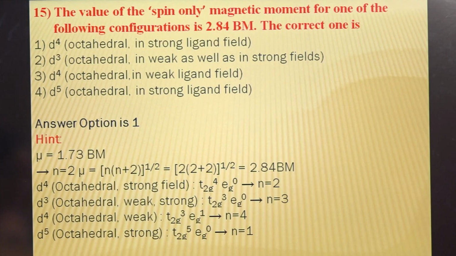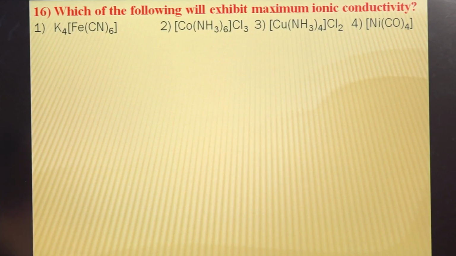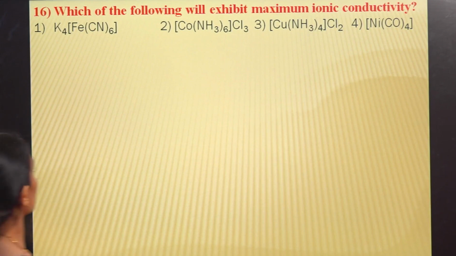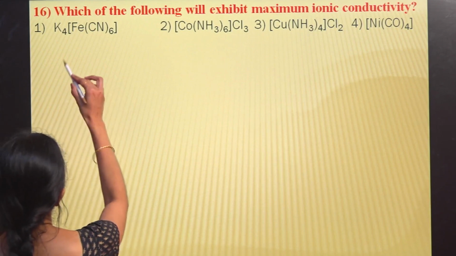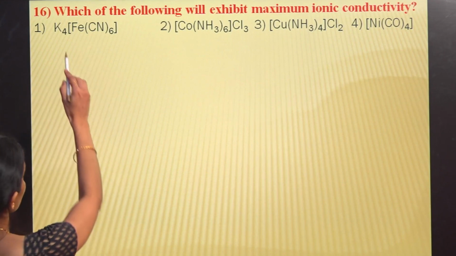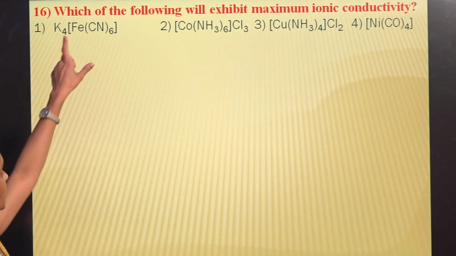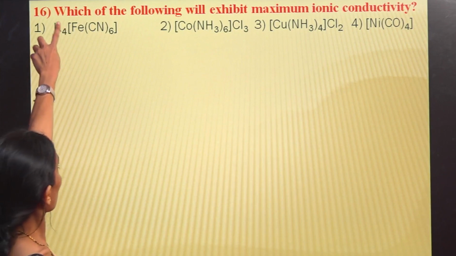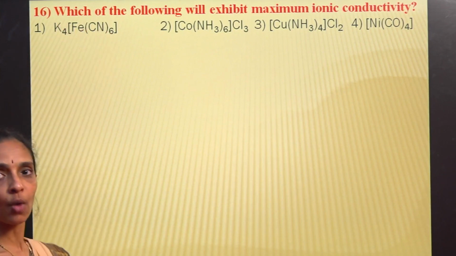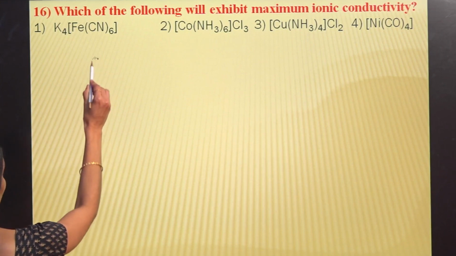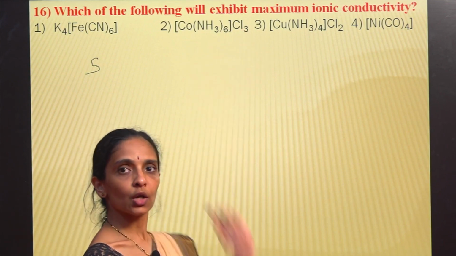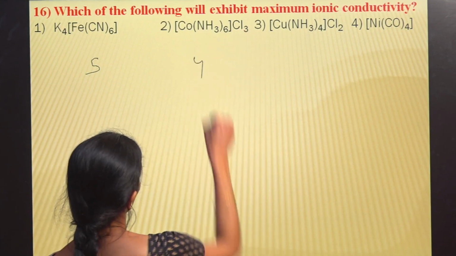Moving on to the next question. Which of the following will exhibit maximum ionic conductivity? Look at the first complex. If you write the ionization pattern for this particular complex, totally for 1 mole of the complex, how many moles of ions do you get? 4 potassium ions and 1 complex ion, that is 5 ions. And for the next, 1 complex ion and 3 chloride ions, so totally 4.